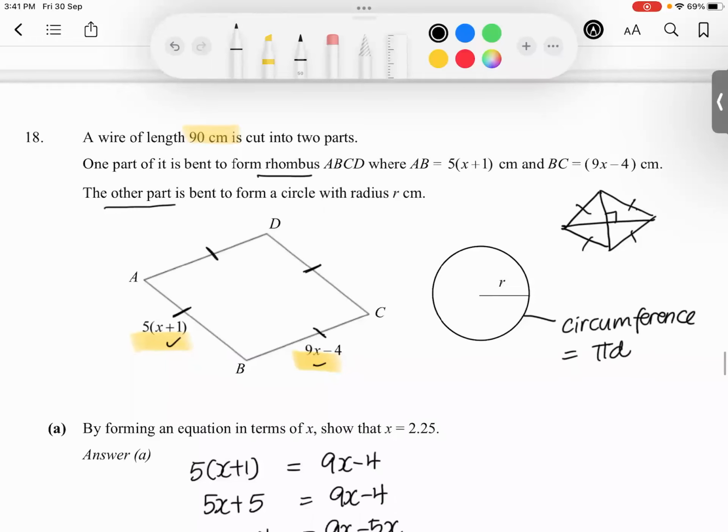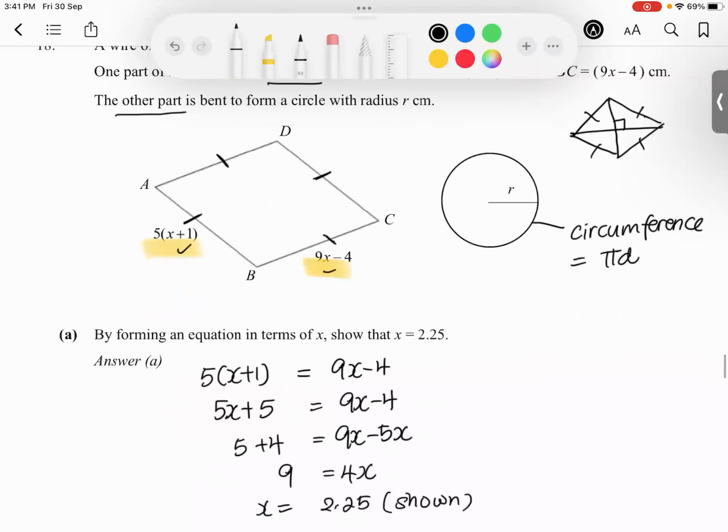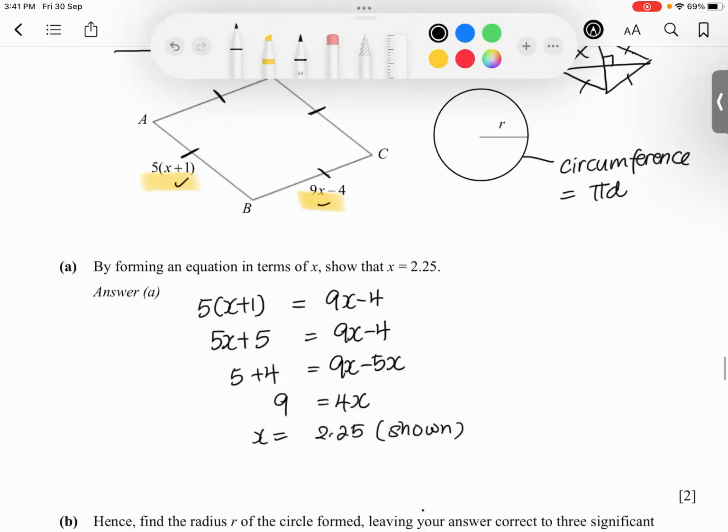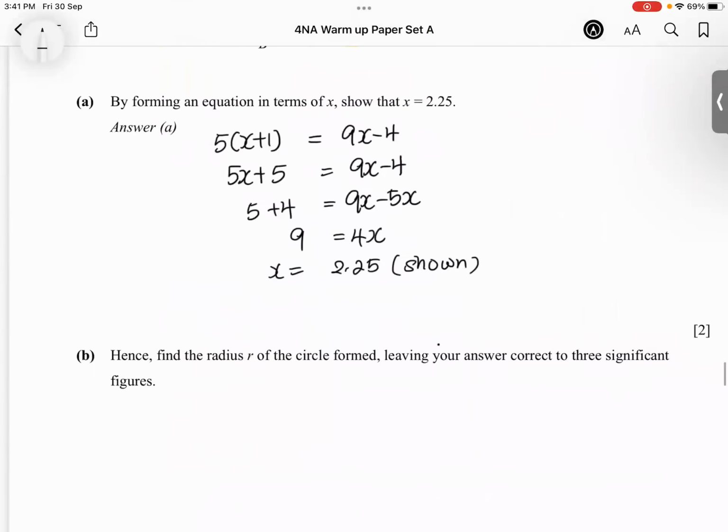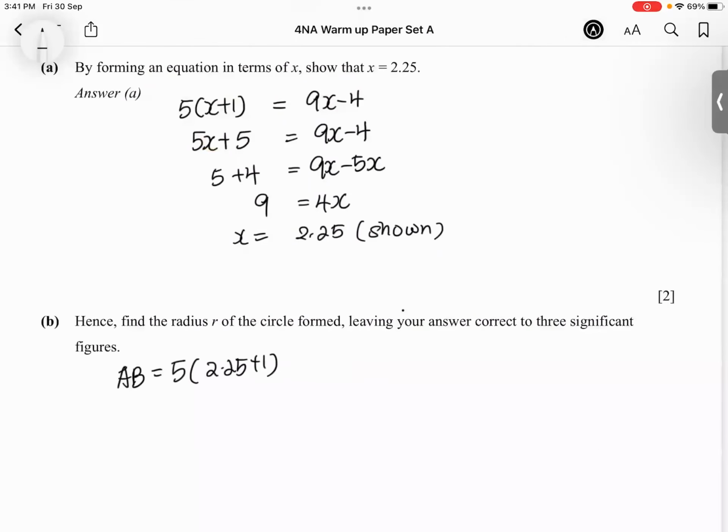So first, let me find the length. I know x is 2.25 already. Let me find the length for AB. AB equals 5 times 2.25 plus 1. It'll give me one side to be 16.25.